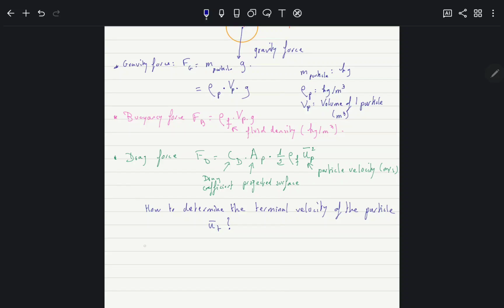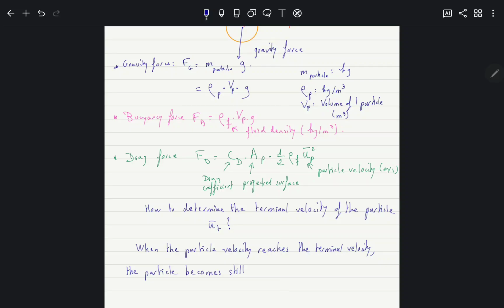First we need to realize that when the particle velocity reaches the terminal velocity Ut, then the particle becomes still. It's no longer moving anymore.